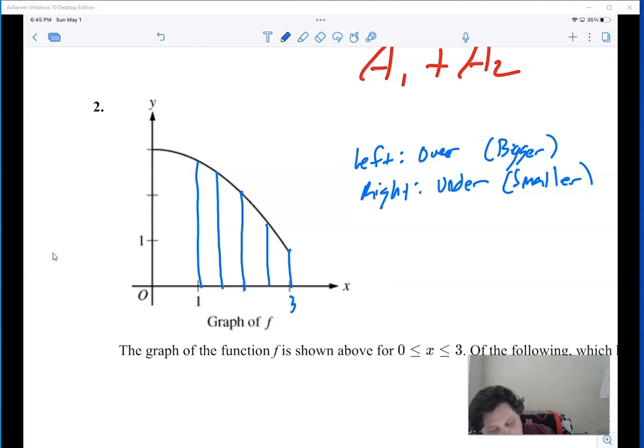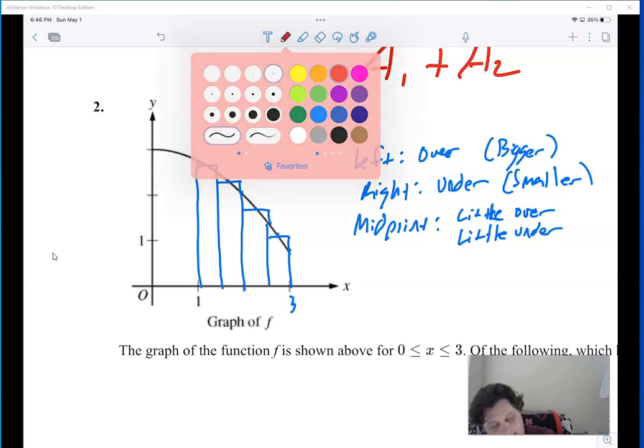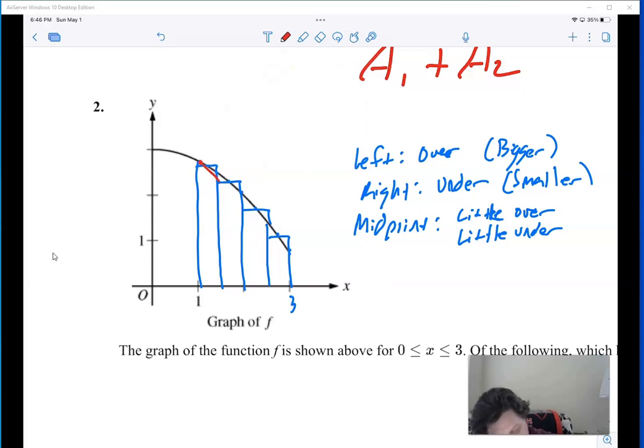Midpoint goes halfway between and makes a rectangle. It's pretty accurate because it has a little over and a little under that end up canceling each other out. Then you've got the trap, which makes each of these a trapezoid.